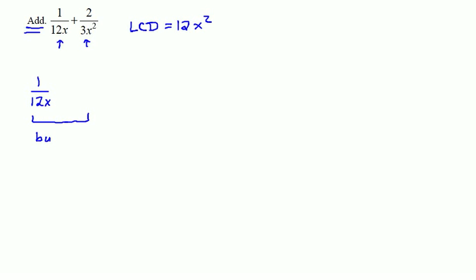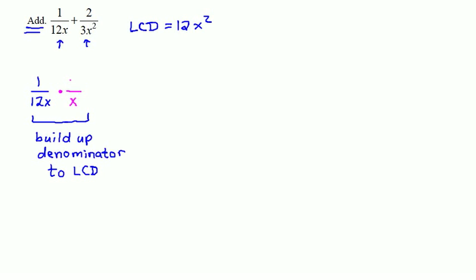So I'm going to build up the denominator to have the LCD. I want 12x squared. I have 12x. So I can see that the only thing I have missing is another factor of x. So I'm going to multiply that denominator by another factor of x.